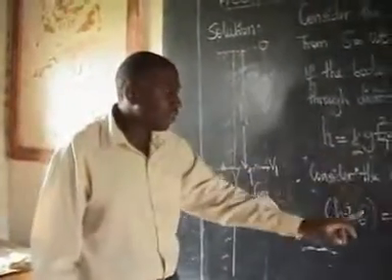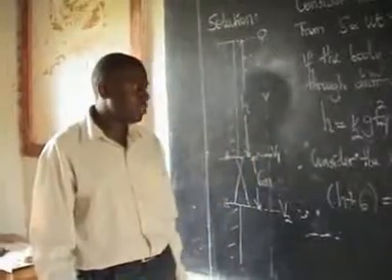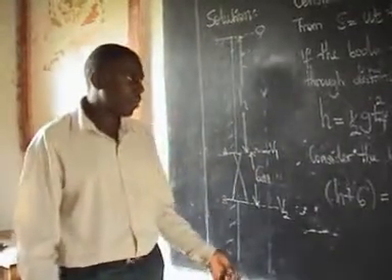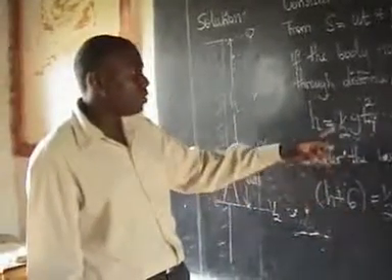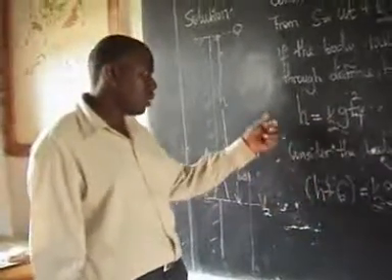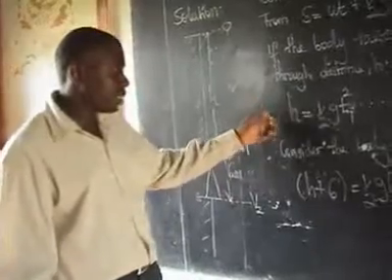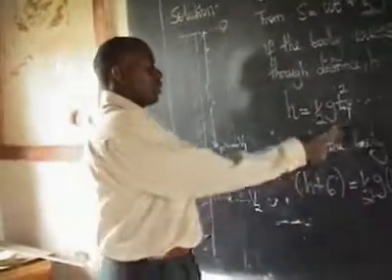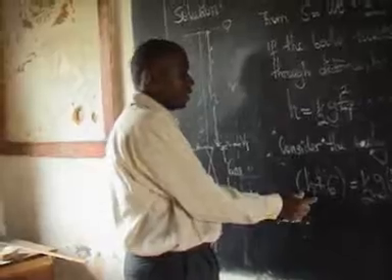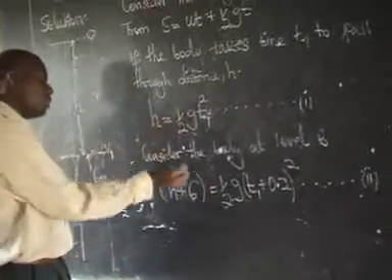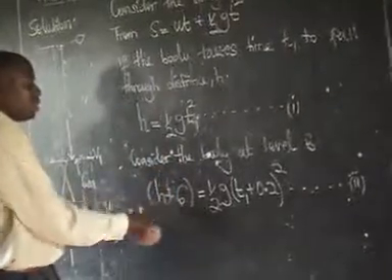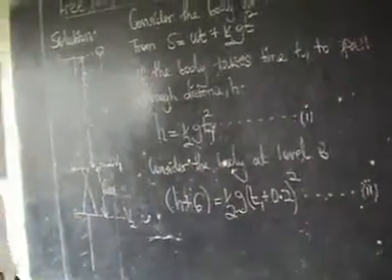If we don't know the value of t, getting the value of h will be a bit hard. So I can first find the value of t1 and then use one of the equations to get the value of h. So I'm going to substitute this expression for h and solve for t1. After getting the value of t1, I substitute in any of these equations to get the corresponding value of h.